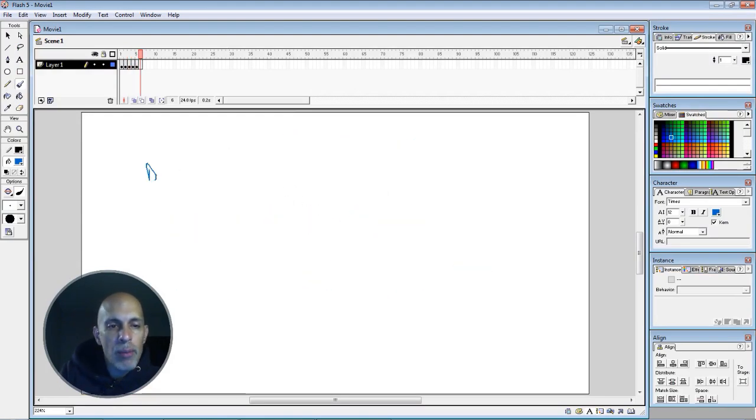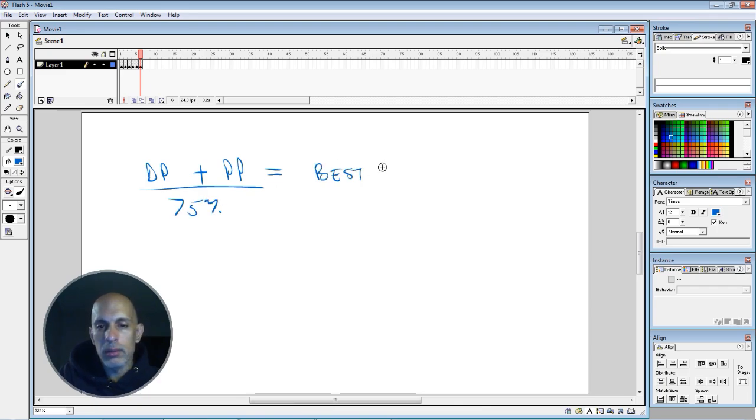So you do down payment plus purchase price has to be equal to 75% of the total, because you're allowed a maximum 75%. Best time to cash out refi.